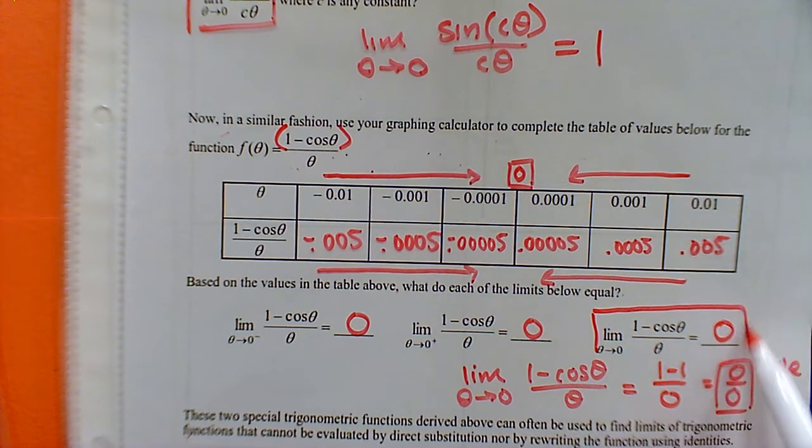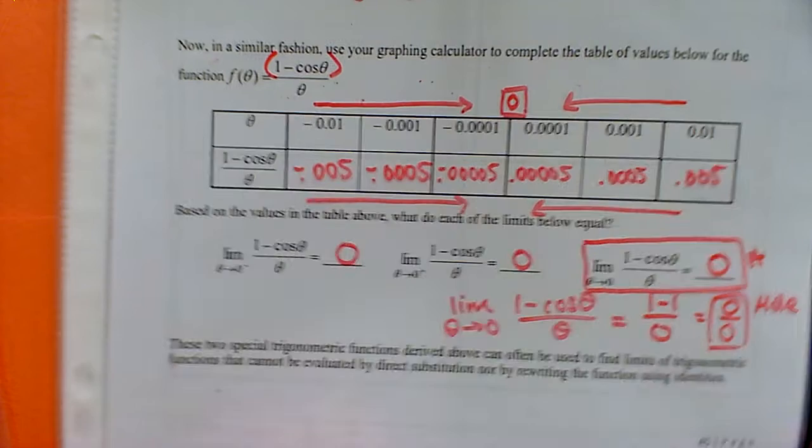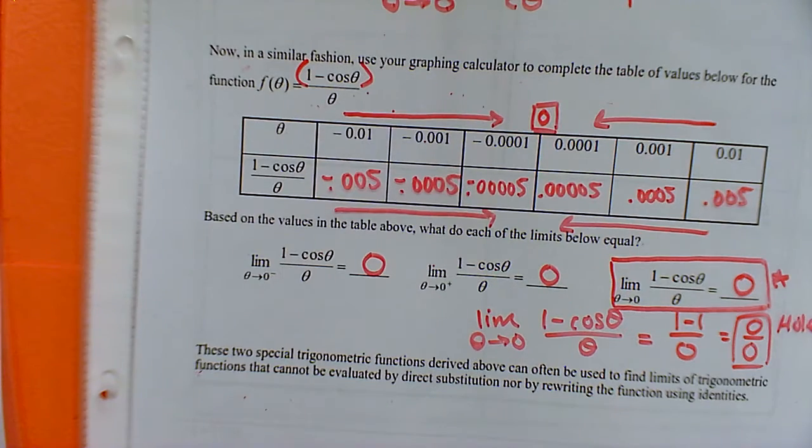Like the last one, we're eventually just going to have to know that this limit is 0, because it's going to help us with more difficult ones. So at the bottom of this page, we're going to write down the 2 trig functions that we have to absolutely know.